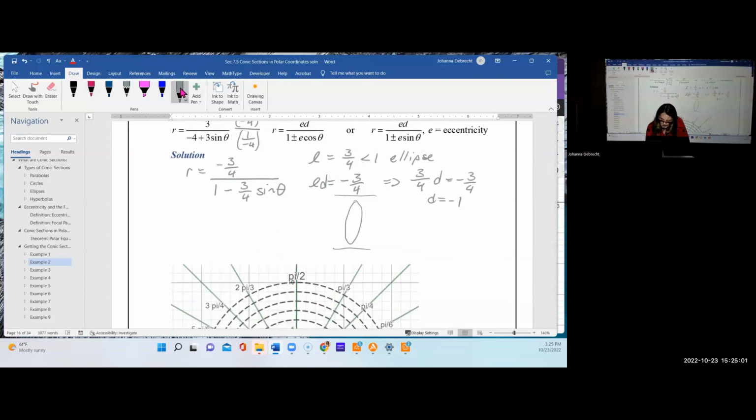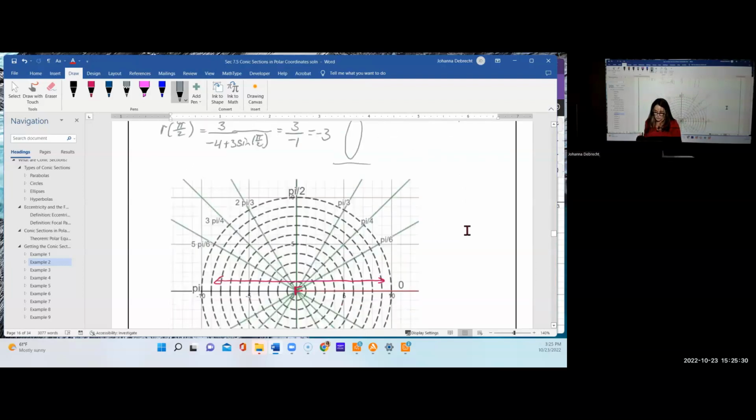So now coming up here, I'm going to find r of pi over 2, which I can write as, well, we can go back to the original if you want, 3 over -4 plus 3 times the sine of pi over 2. Now the sine of pi over 2 is 1, so this becomes 3 over -1, which is -3. Now where is that going to graph? That's the ordered pair -3, pi over 2.